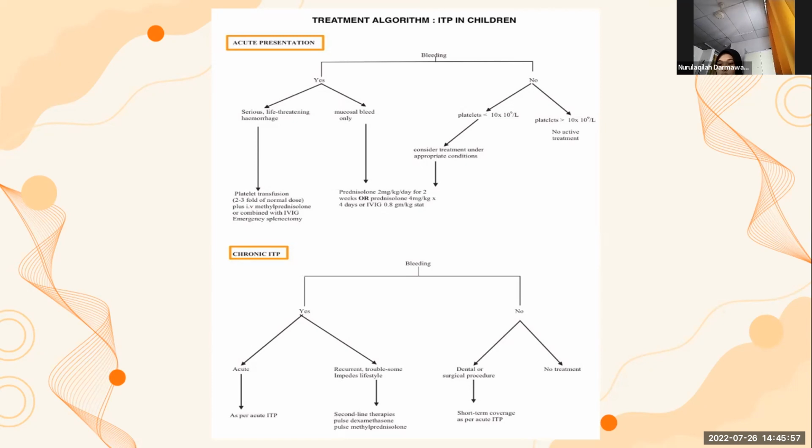But second line therapy should be consulted with the pediatric hematologist first, which includes steroids like dexamethasone or oral methylprednisolone. And sometimes anti-D immunoglobulin also can be suggested in the rhesus positive patient.